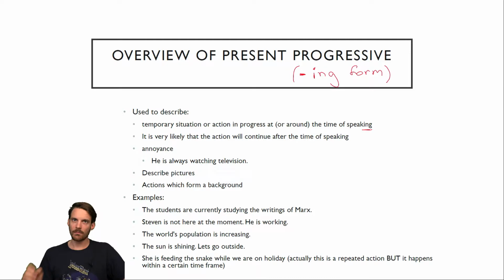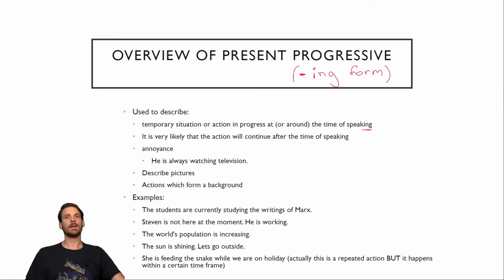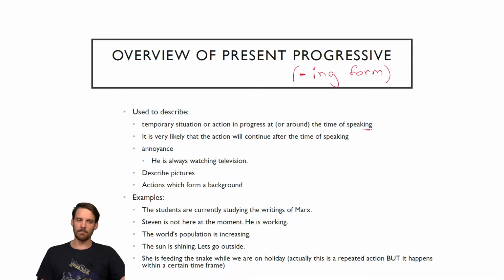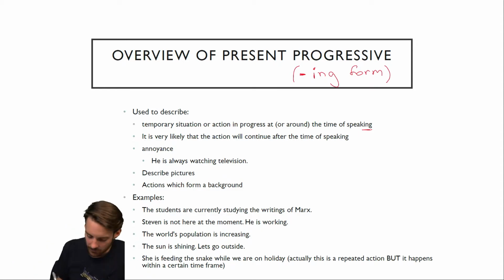Another thing you might want to remember is there is also a special aspect of the progressive, if you want to express annoyance. The ing form, progressive or continuous, can be used. And especially important is that it's also used with an adverb of frequency, in this case always.